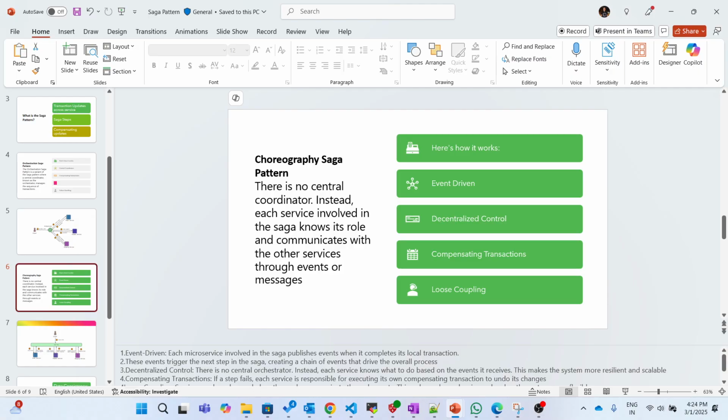In case of any failure in an event, it will trigger the compensating transaction on its own. Like if there is any payment failure, it will send a message back to the product update to cancel the request. That is how the choreography pattern works.